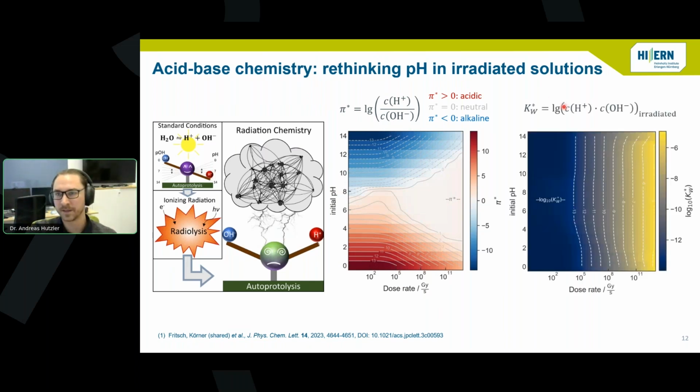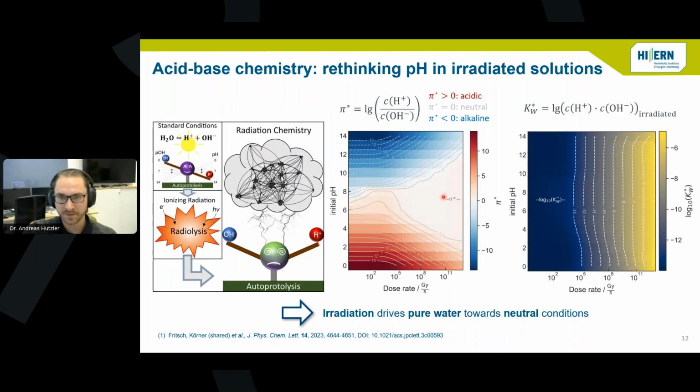However, if we look at the ion product, we also see, and that's because of our electron irradiation, we strongly increase the concentration of both species. But we always end up in this more or less neutral condition for pure water.